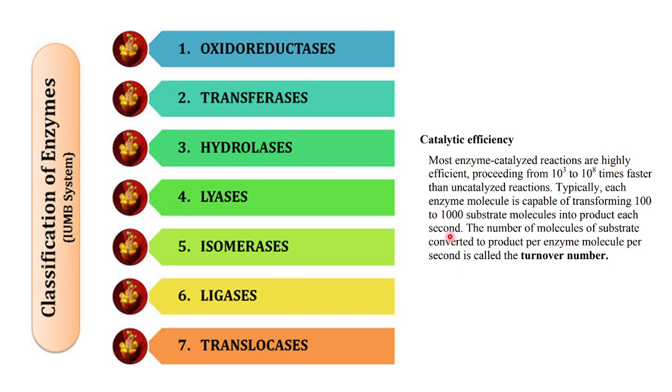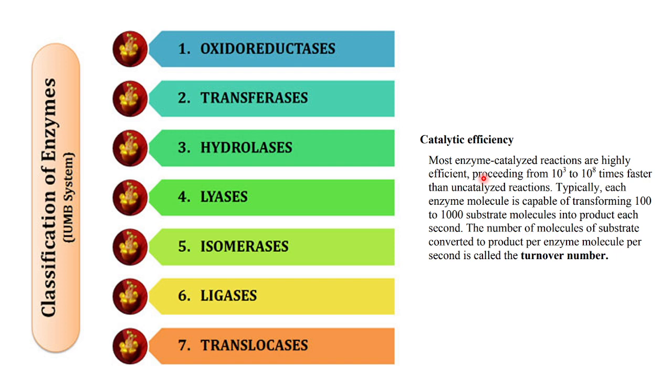Most enzyme-catalyzed reactions are highly efficient, proceeding 10 to the power 3 to 10 to the power 8 times faster than the uncatalyzed reaction. Typically an enzyme molecule is capable of transforming 100 to 1000 substrate molecules into product.